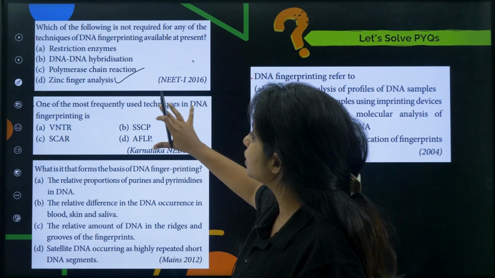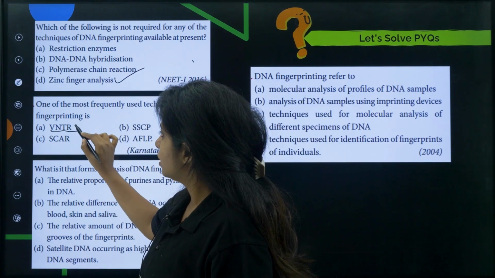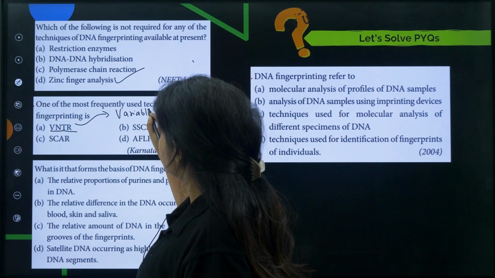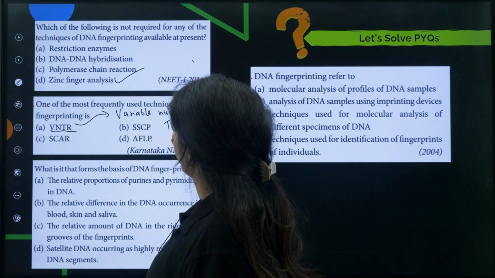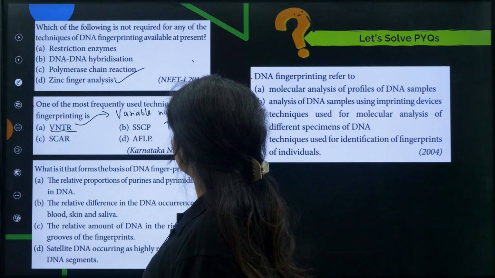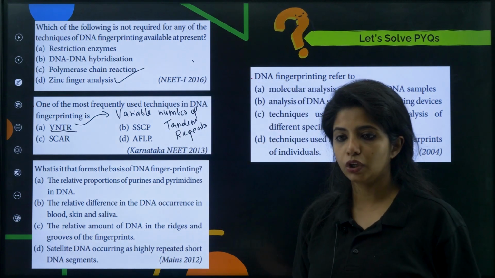Now, one of the most frequently used techniques in DNA fingerprinting is VNTR, children. What is VNTR? I told you, it is the variable number of tandem repeats, that is, minisatellite repeats. Cool.